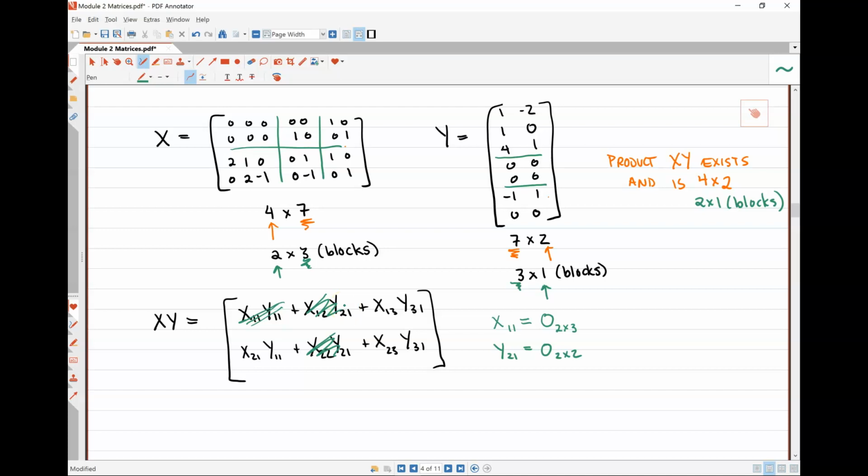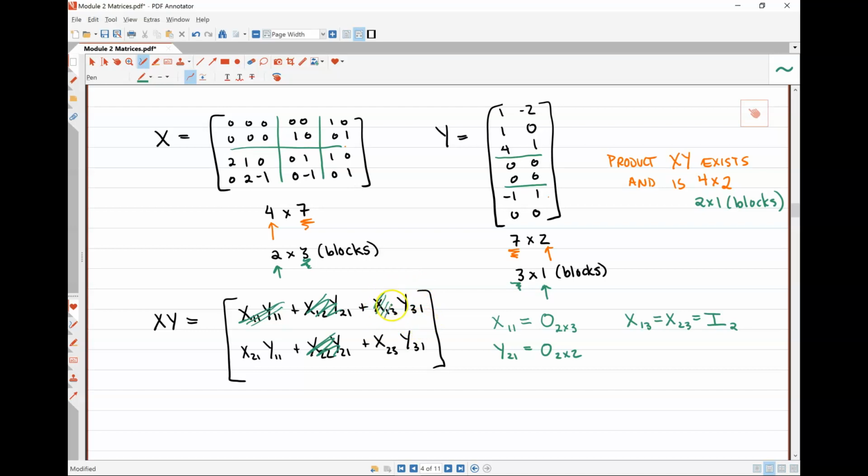And a couple of other things that we can notice is that x13 and x23 are both the 2 by 2 identity matrix. And the identity matrix for matrices is sort of like how 1 is for numbers, right? You can multiply any number by 1 and it won't change the number. You can multiply any matrix by an identity matrix that's the right size and you won't change the matrix. So that means that multiplying x13 by y31 is just like multiplying y by 1.